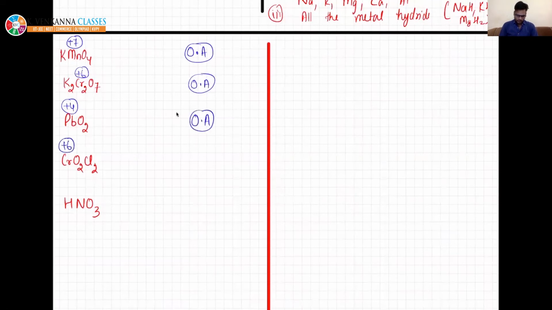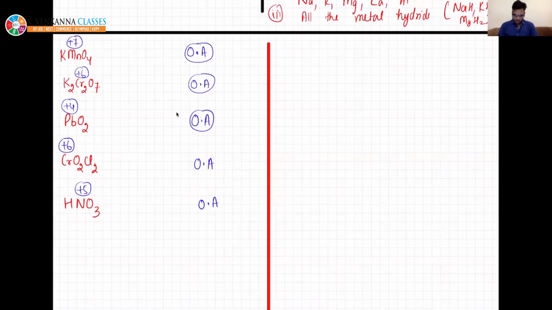CrO2Cl2, here chromium is in +6, again an oxidizing agent. +5 nitrogen will also behave as an oxidizing agent. That is why we need a good understanding of oxidation number, because we are required to identify which of the given reagents is behaving as an oxidizing agent or a reducing agent. For that, you might be required to calculate oxidation number.